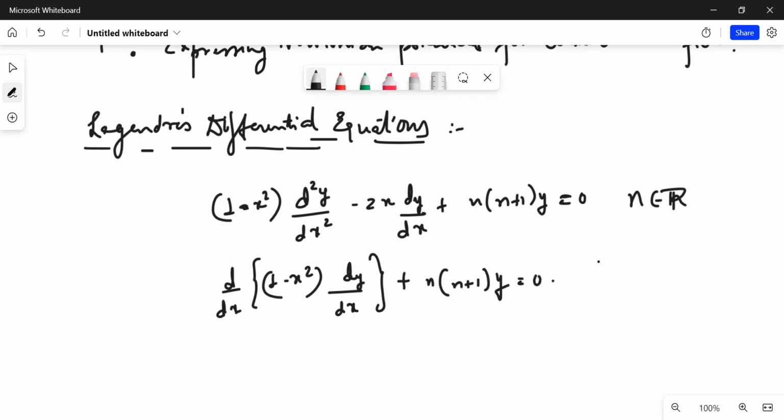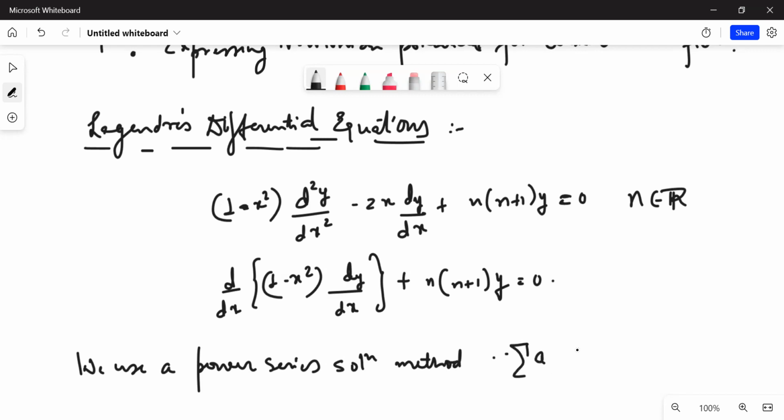Okay, so one needs to understand that when we try to solve this particular differential equation, we use a power series solution method. When we use a power series solution, we assume a power series centered at 0, that is, the sum of a_k x^k.